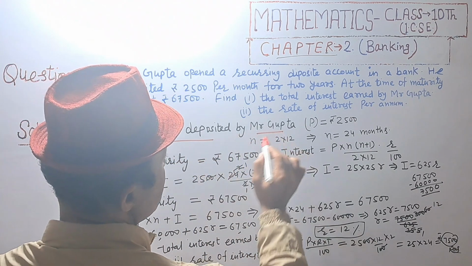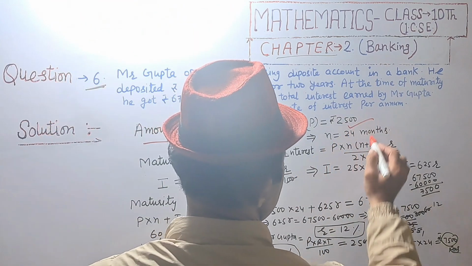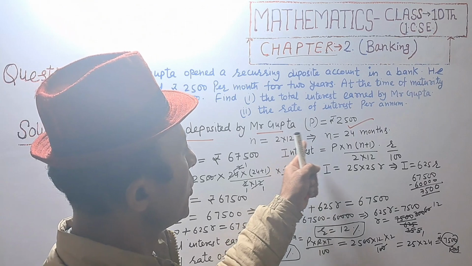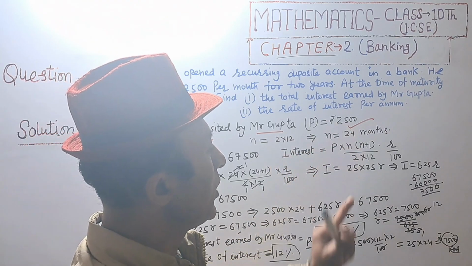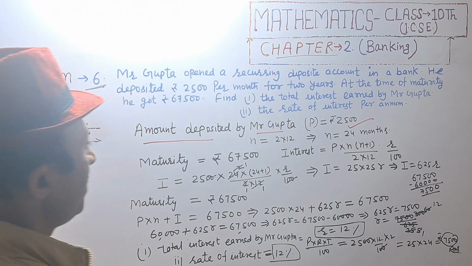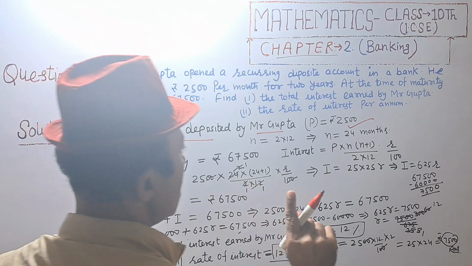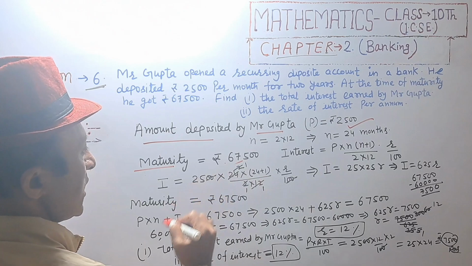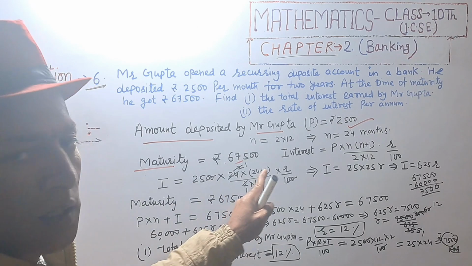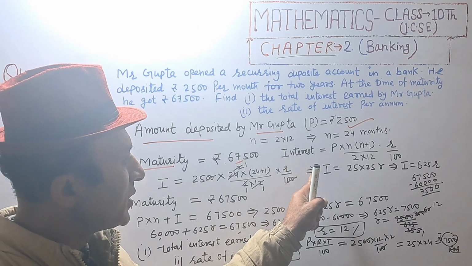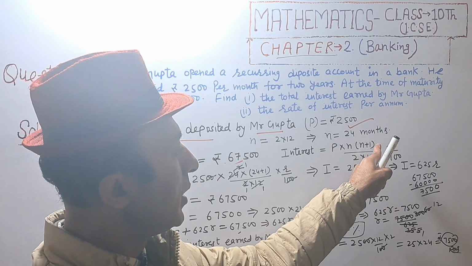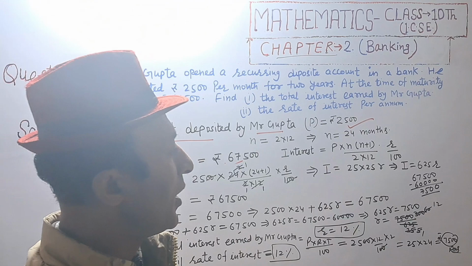Amount deposited by Mr. Gupta is 2500 rupees, and N is equal to 2 into 12, that is equal to 24 months. Time period N is equal to 24 months, and maturity given is equal to 67,500 rupees, and interest is equal to P into N plus 1 upon 2 into 12 multiplied by R upon 100.